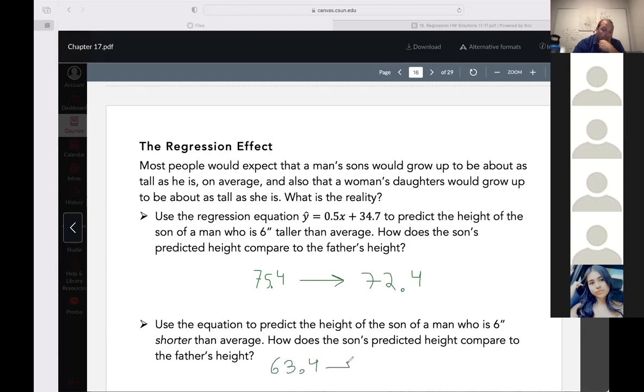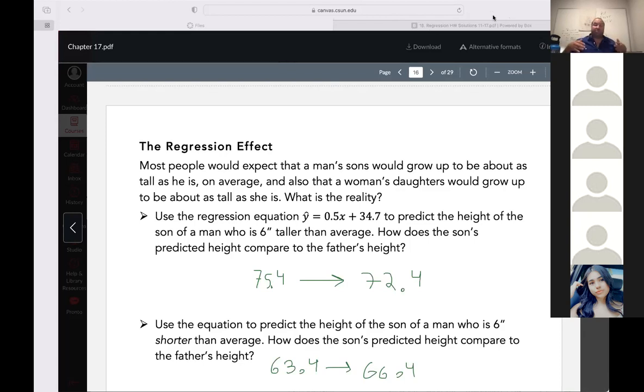And how tall would their child be on average? 66.4. So again, whether it's shorter or taller, your child will be closer to the average than you, on average.